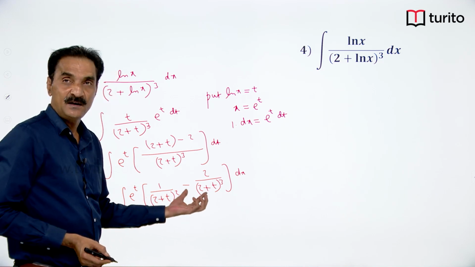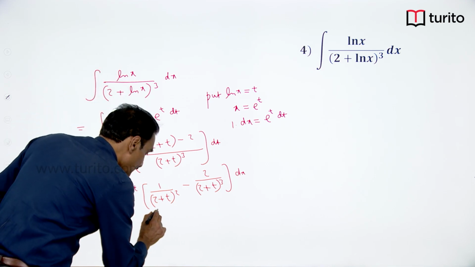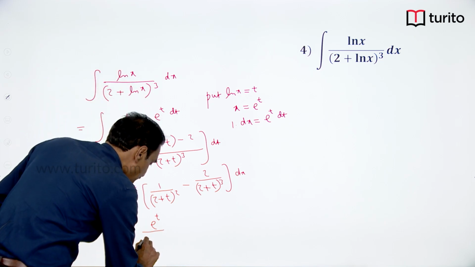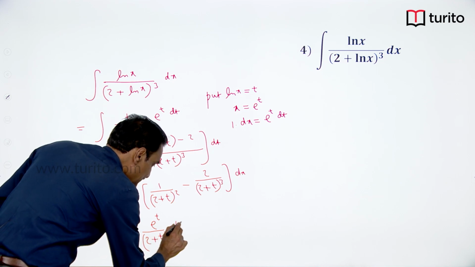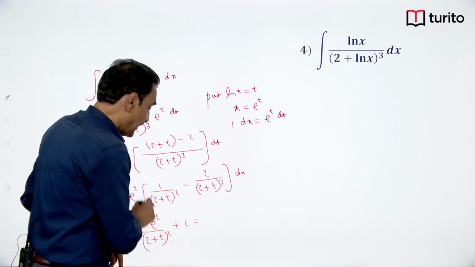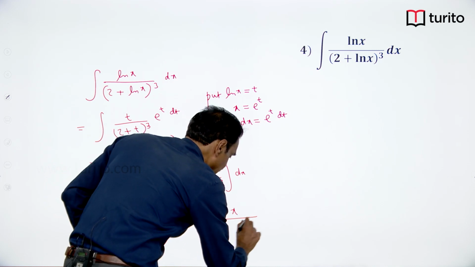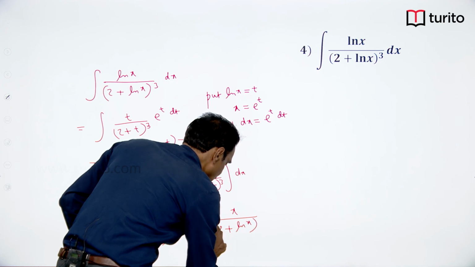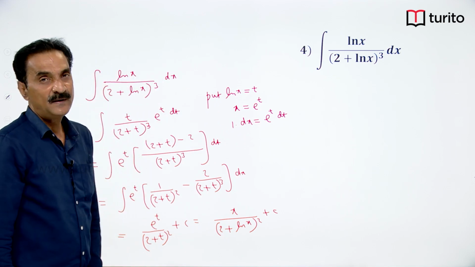So, this is f of t, this is f dash t. So, its integral is e power t into f of t. f of t is 1 by 2 plus t whole square. So, e power t by 2 plus t whole square plus c. Now, substitute e power t as x and t as ln x. Then x by 2 plus ln x whole square plus c. Okay.